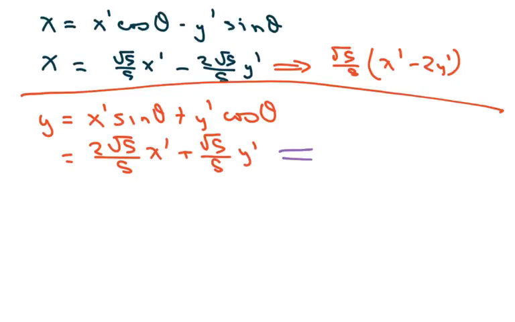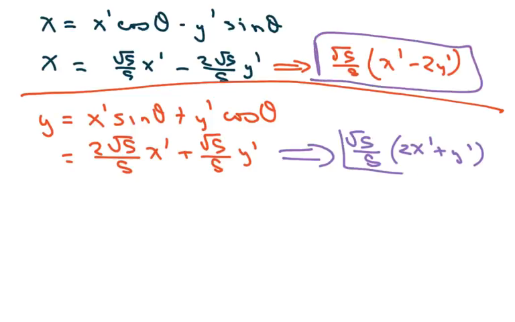And then I'm going to factor out the square root of 5 over 5, and you get 2x prime plus y prime. So this is your x, and this is your y. Okay? Thank you, and have a nice day.